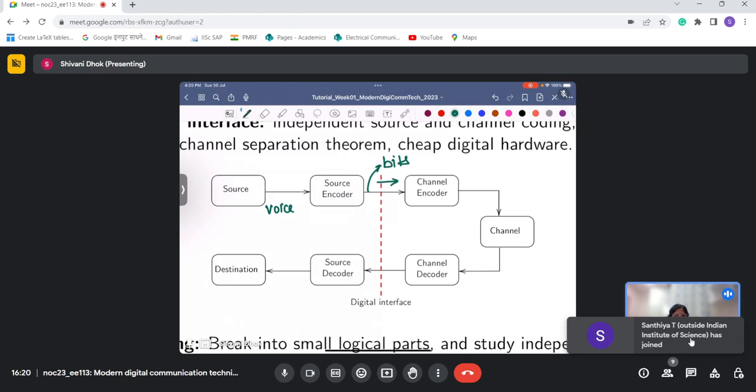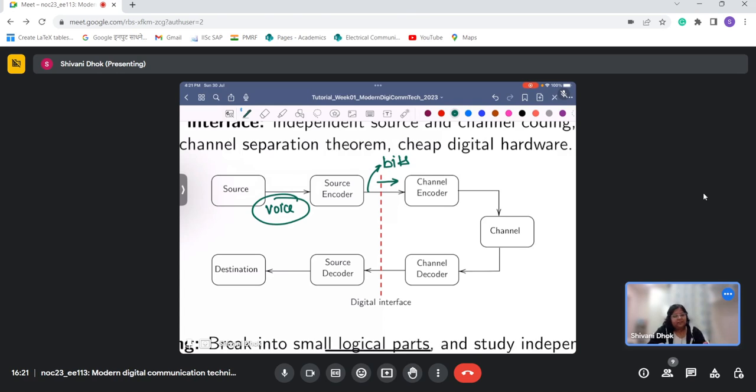That much basic information is needed. All the other information, such as how that voice signal is, how source encoding is being done, how the source encoder block works, that entire thing can be ignored by this channel encoder block. And that gives us the flexibility to develop this block and this block completely independently.